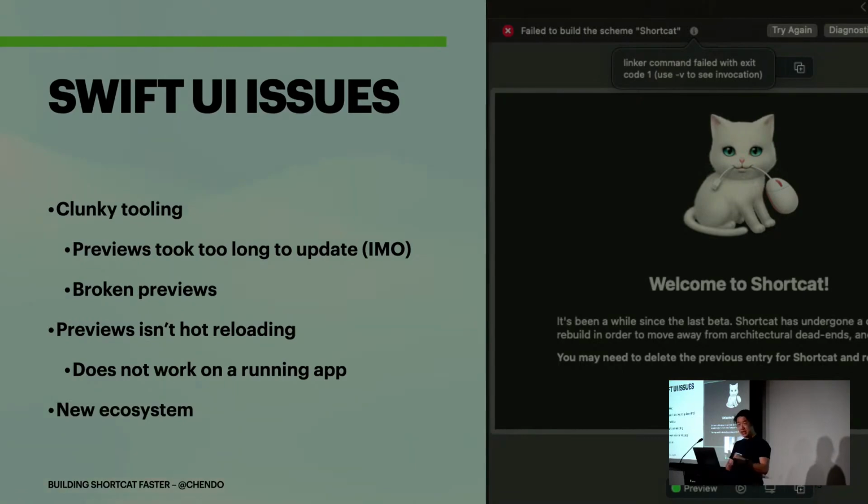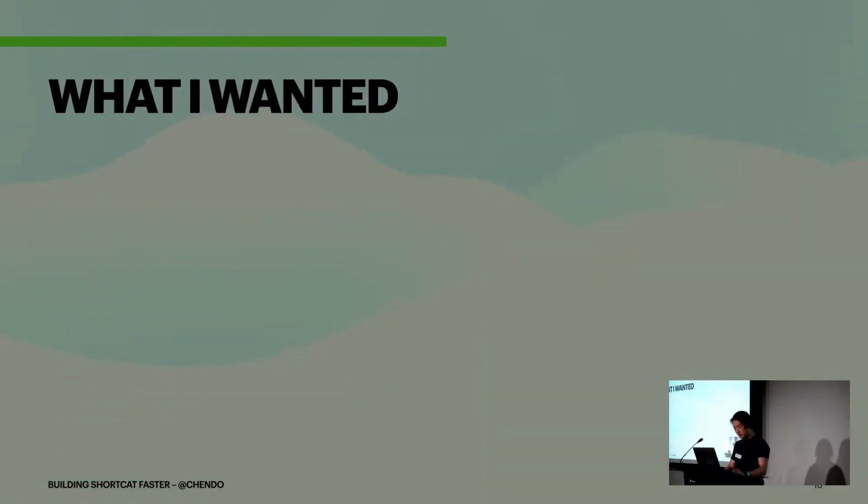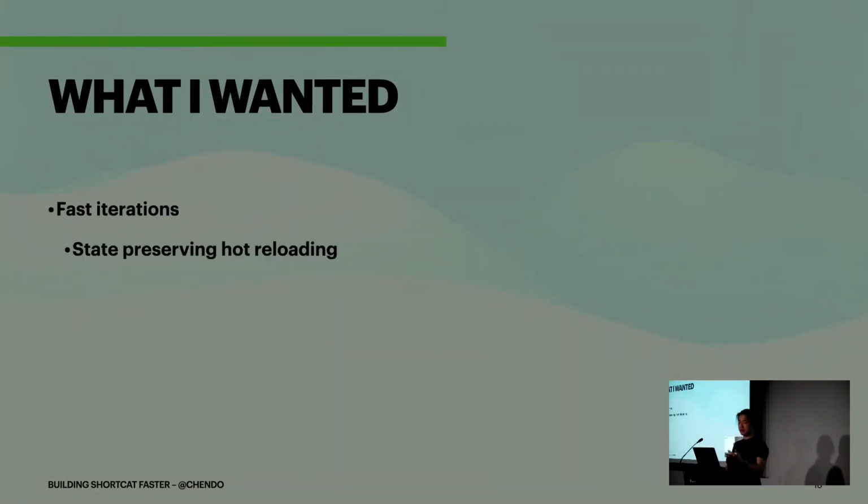It also had a new ecosystem, at least back then, so there weren't a lot of libraries and tooling and widgets you could use. So you had to build a lot of stuff yourself, and I'm quite lazy, so yeah. What I wanted was the ability to have fast iterations, and what that means to me is state-preserving hot reloading.